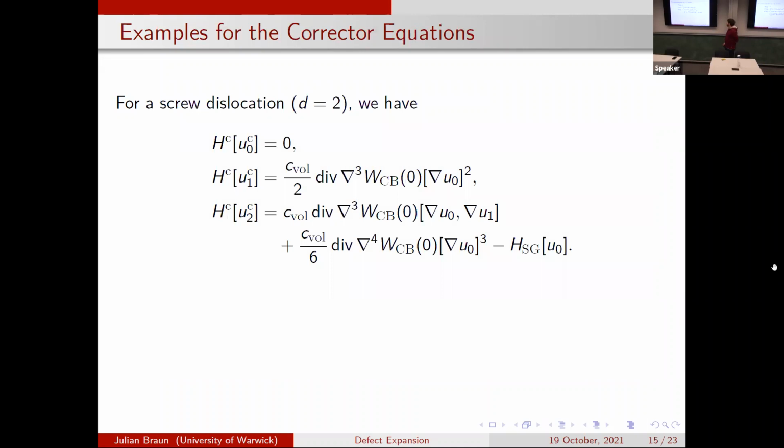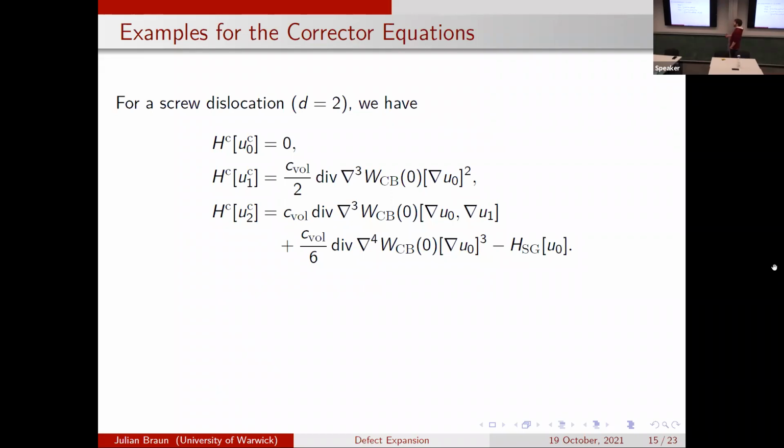So how does it look? Let's write down the first few terms. There is a way to get all of them, but let's just write the first few down. WCB, that was the Cauchy-Born energy density, that is the nonlinear continuum density. If you take the second derivative at 0, you get your linear elastic constants. And the third derivative at 0 times the quadratic term, that's the first nonlinearity that appears.